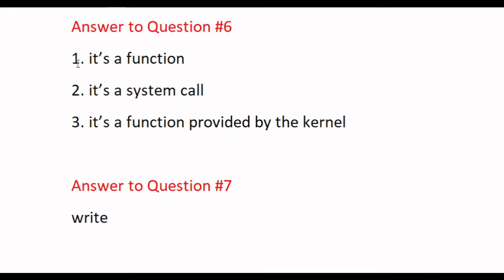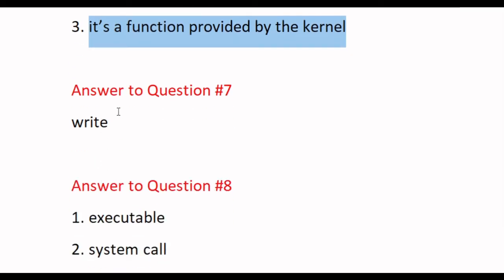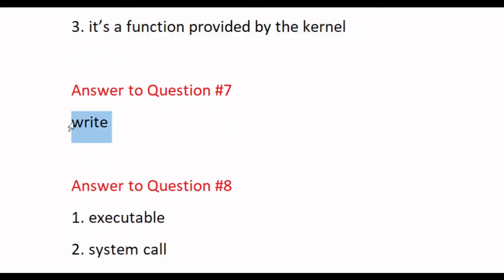Question 6 has 3 answers, so you just try and select the right answers. Then question number 7 has just one answer, that is right.